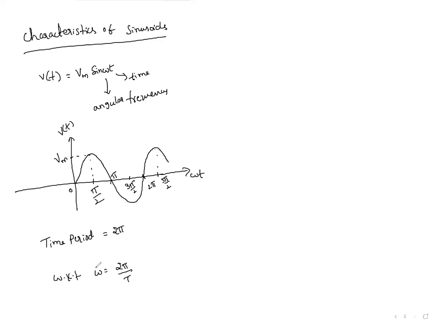Right. So by this formula, we can also represent this figure in a different way. Like this. Same figure, same waveform, but the time axis is t only, not omega t.